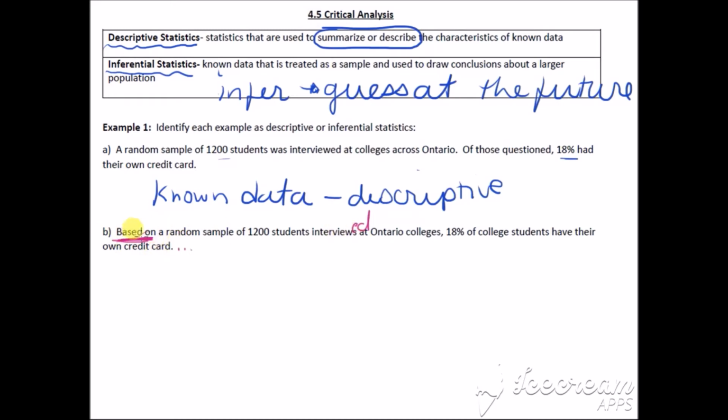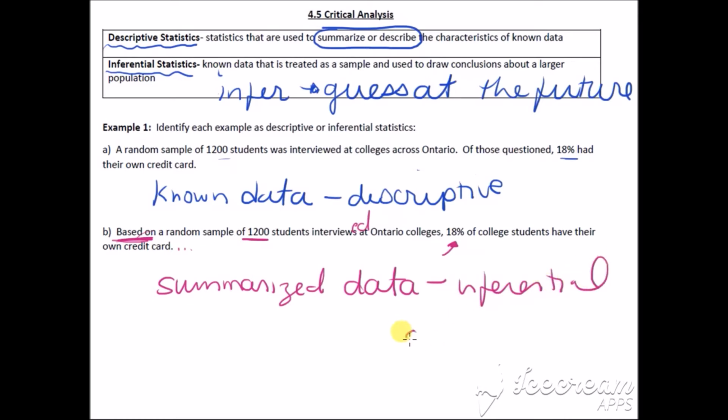Because this is saying based on a random sample, they are inferring that 18% of all students. So this is inferential statistics.